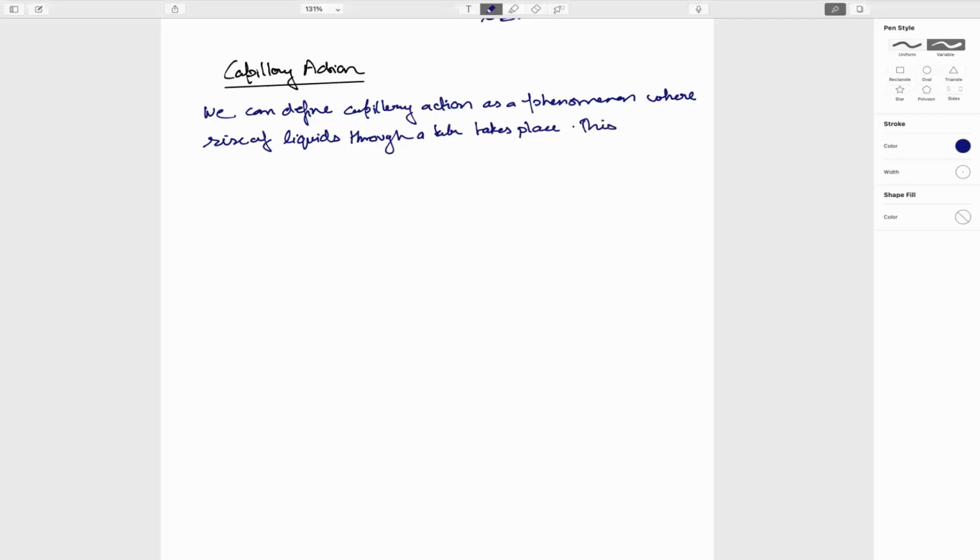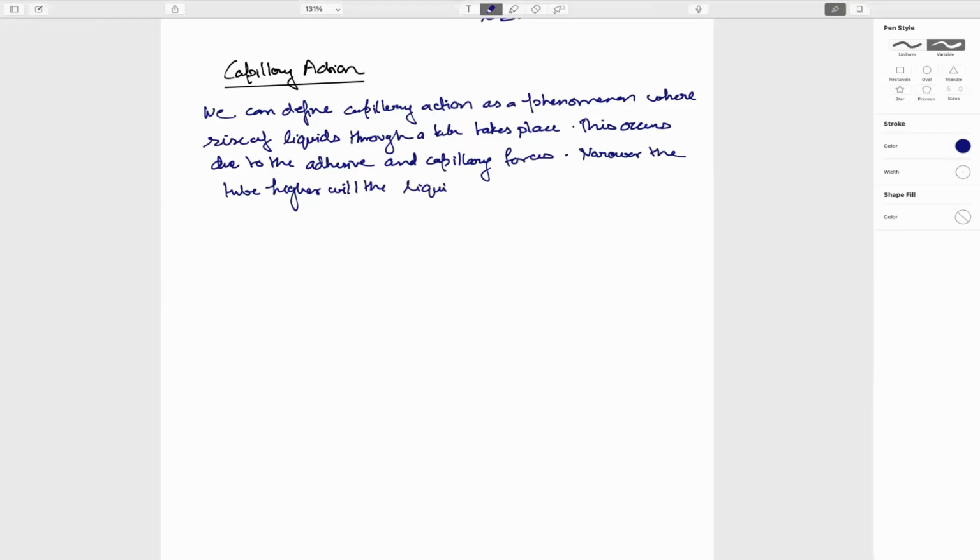This occurs due to the adhesive and capillary forces. The narrower the tube, the higher the liquid will rise. So we'll derive why this is so.